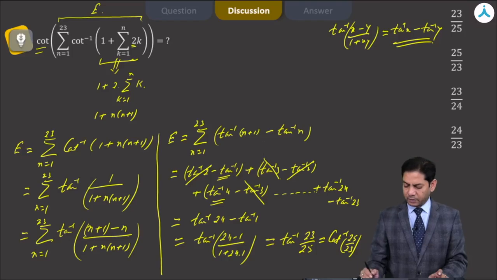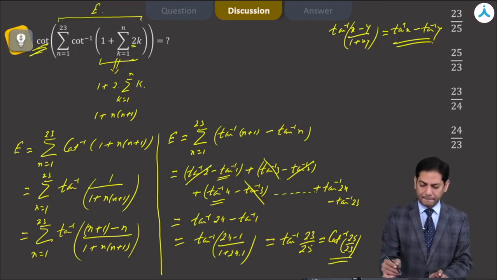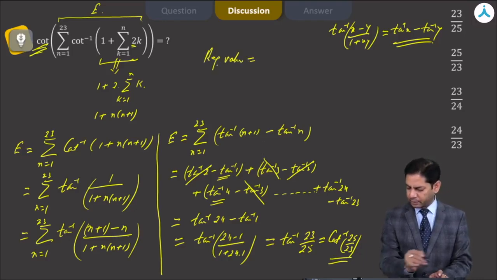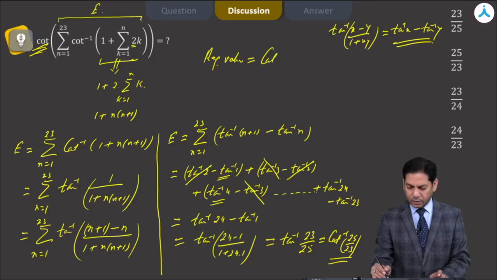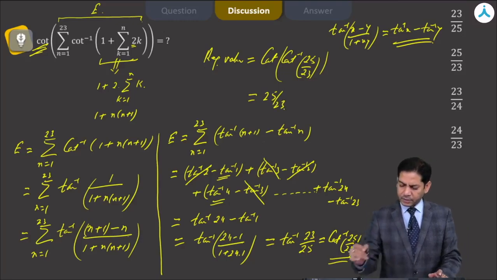And conversion in cot inverse, we have done that on purpose because we have to find the cot of this E. So required value which was expected from us is cot of cot inverse 25 by 23, and that is simply 25 by 23, and that is option B.